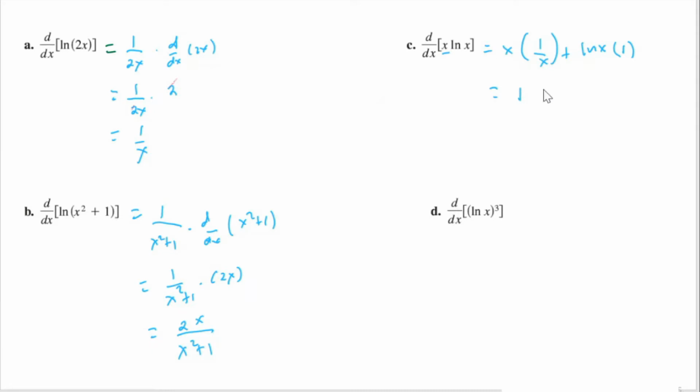So we have 1 plus ln of x times 1, which is just ln of x. So the derivative of x ln x is equal to 1 plus ln of x.